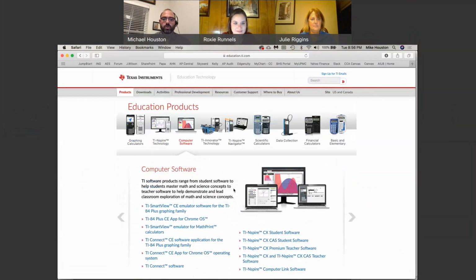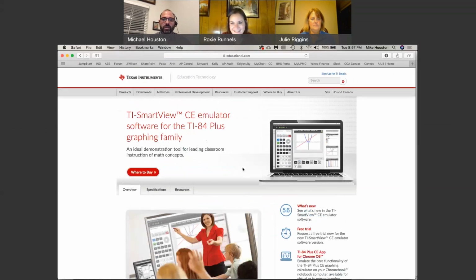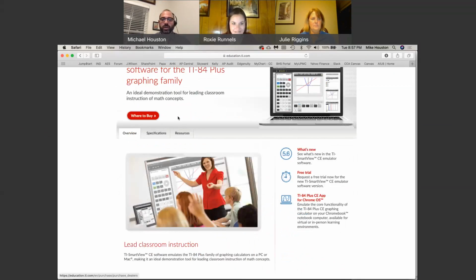And you're looking for the TI-Smartview CE emulator software for the TI-84 Plus graphing family. If you were to click on that, it would give you some options about if you want to buy it or you want to request a free trial. Also, if you happen to have it and yours maybe isn't updated yet, you can also update it here as well for free.